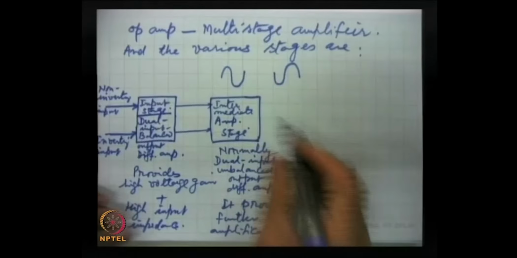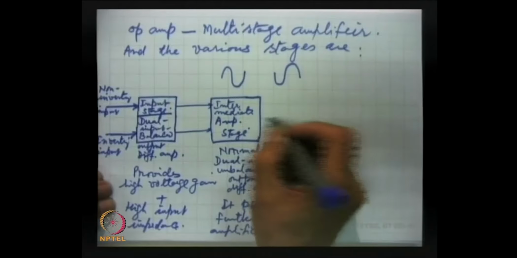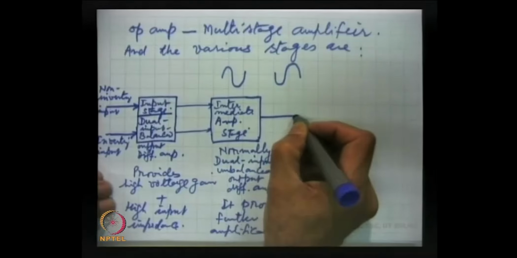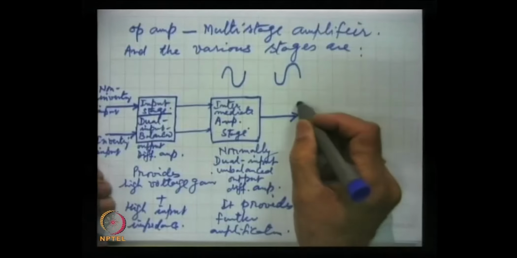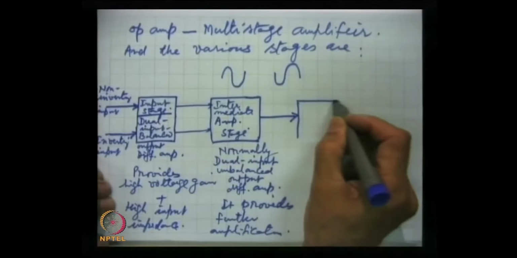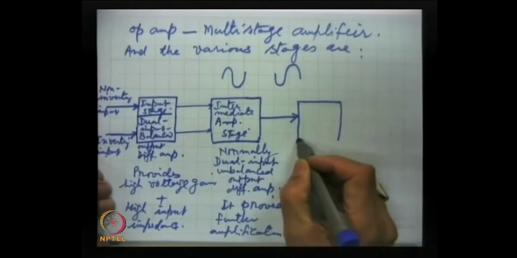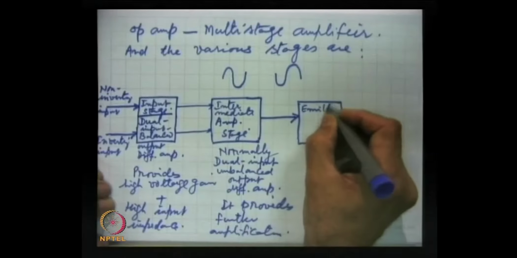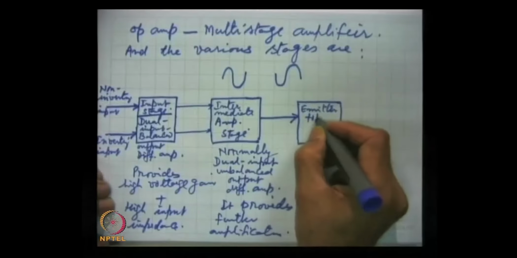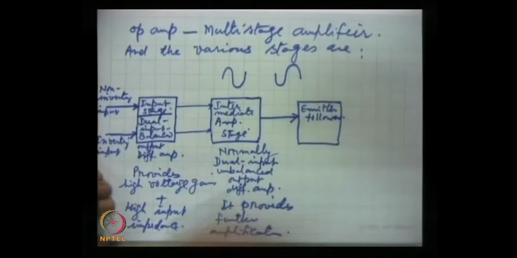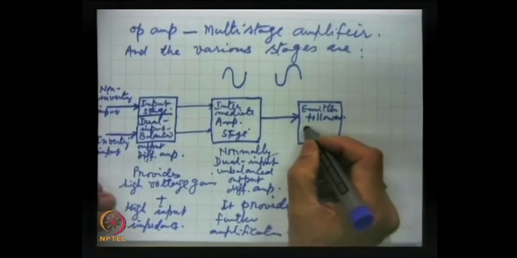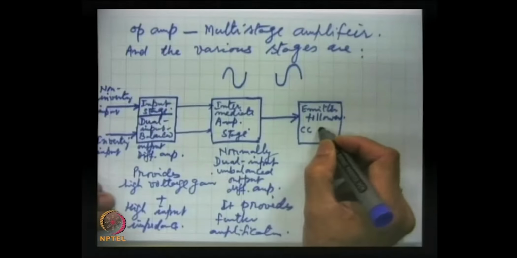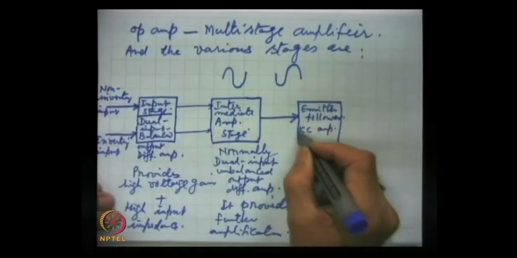Then it goes to the next stage, which is an emitter follower stage, which is a common collector amplifier.